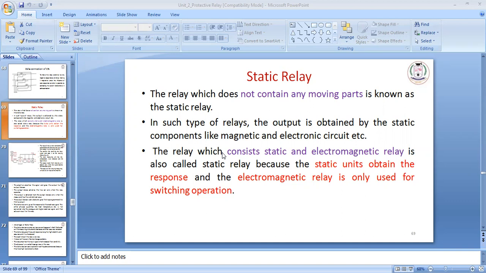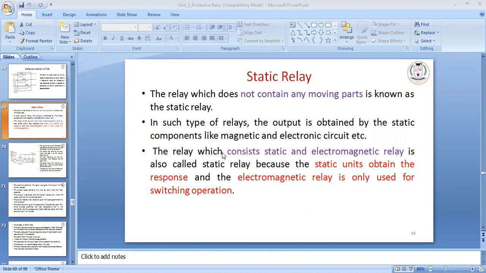Before this static relay, we have seen the electromagnetic relay and then the induction type relay, which work according to magnetizing energy. The current we get from the current transformer is used to energize the coil of the electromagnetic relay, or the electromagnet available in the induction type relay.